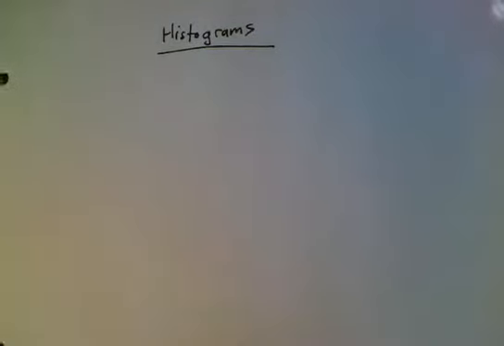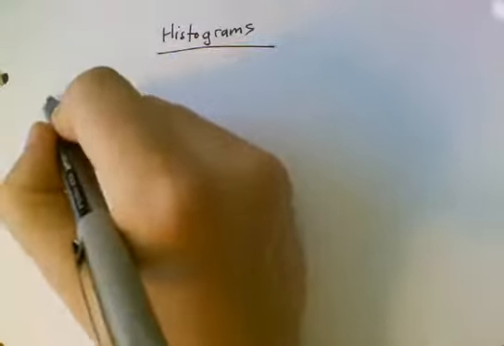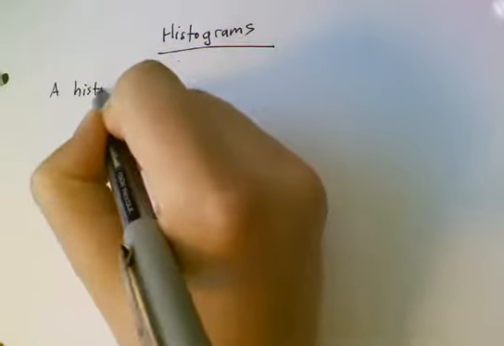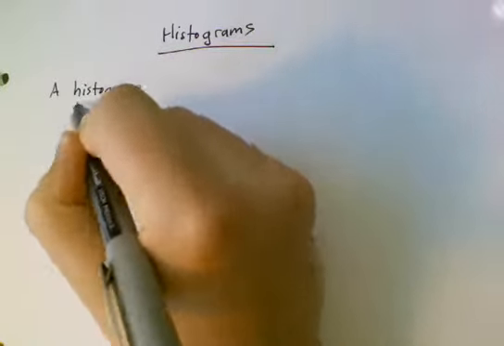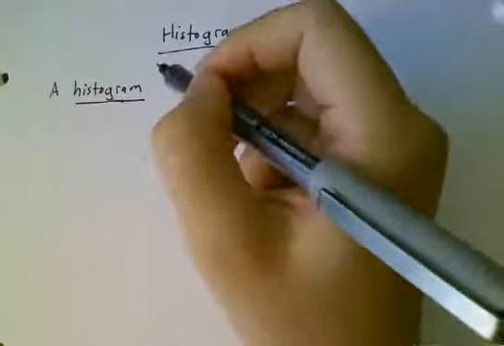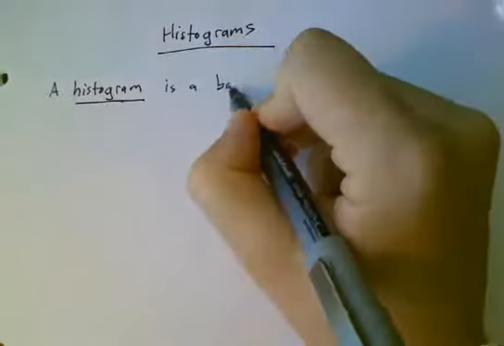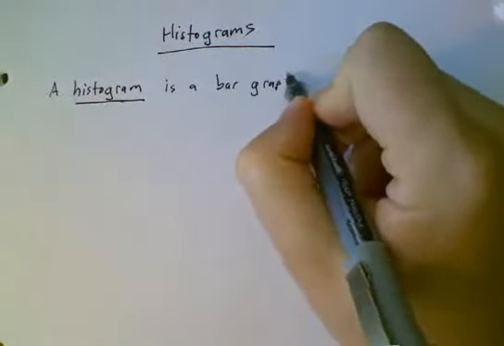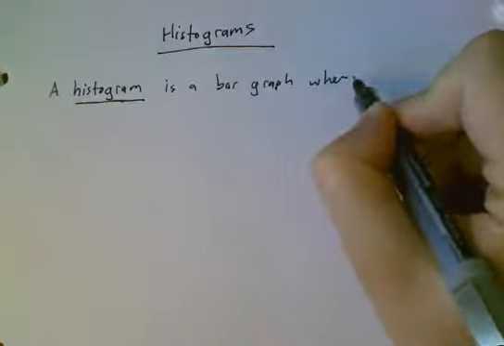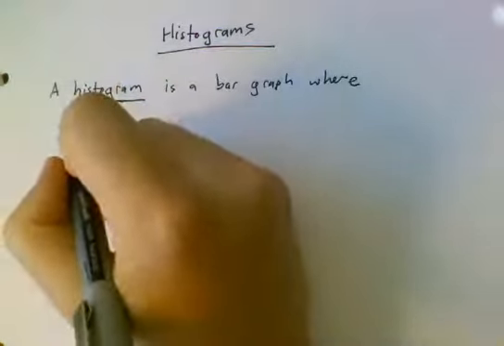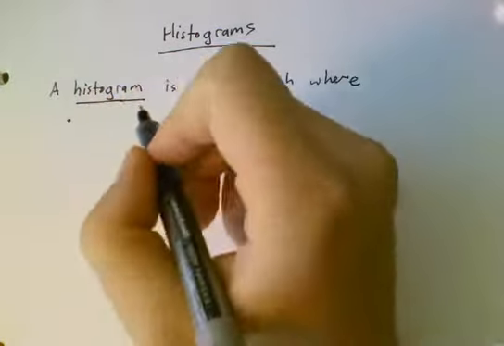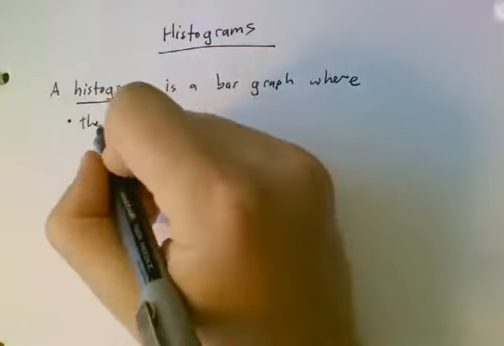So let's define what histograms are for starters. A histogram is a bar graph where, for one thing, the bars touch.